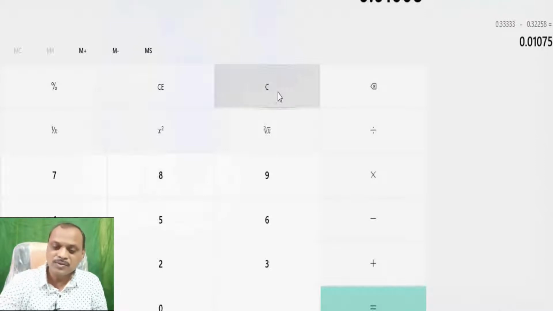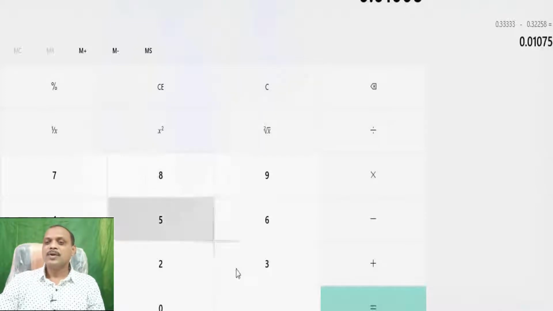So the difference of these two, let me clear this first. 0.31250 minus 0.32258, and the difference of these two equals minus 0.01008.